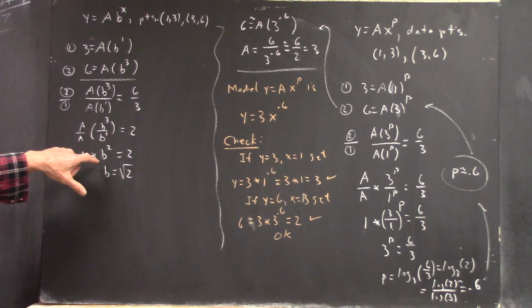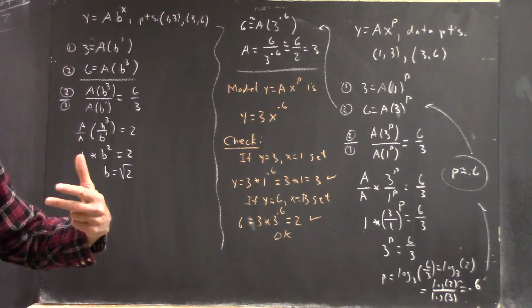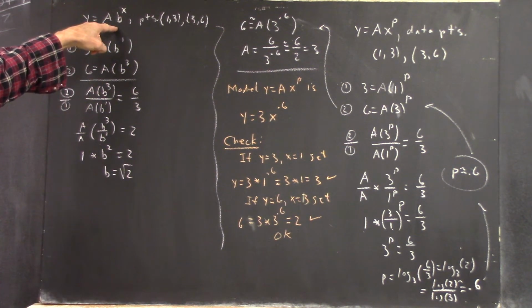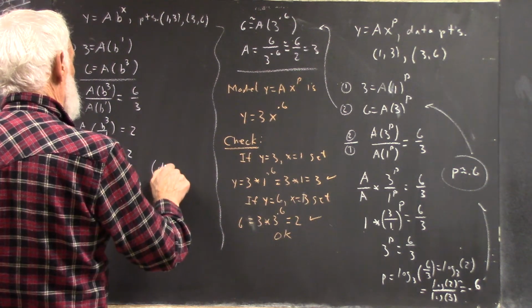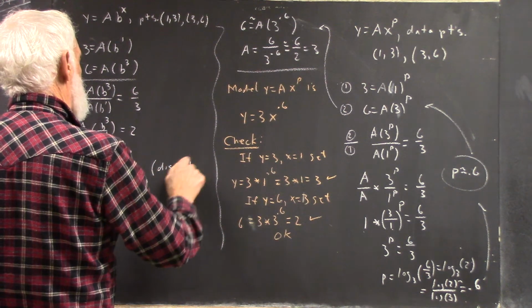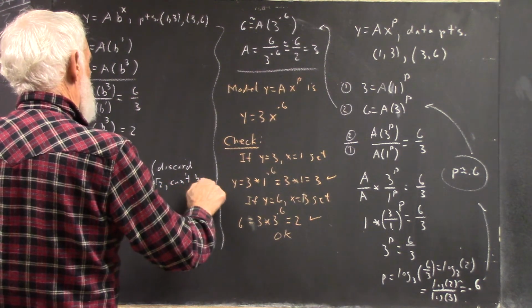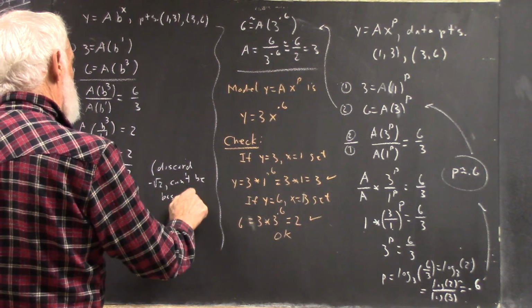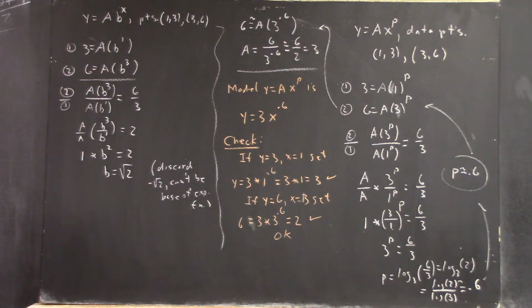Now, the solution to b squared equals 2 is b equals plus or minus the square root of 2. But the base of an exponential function has to be positive, can't be negative. So what we do is we discard negative square root of 2, it can't be the base of an exponential function.